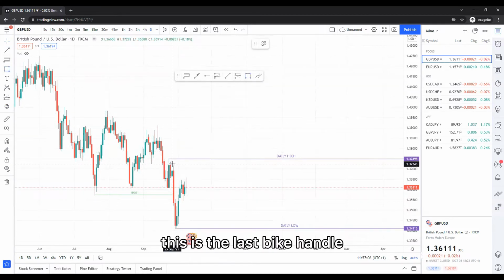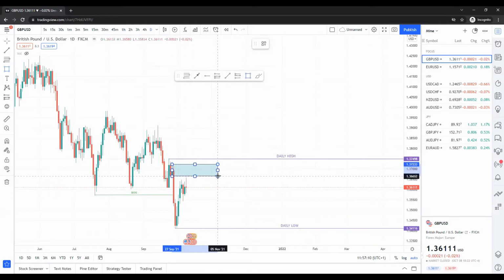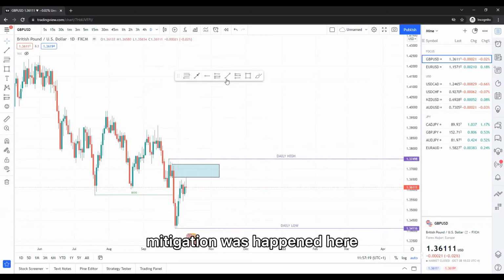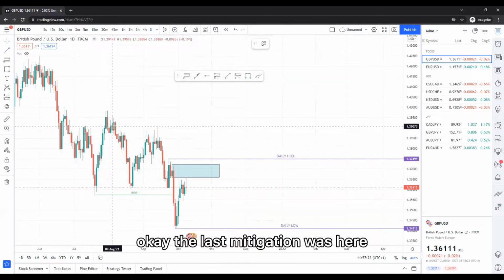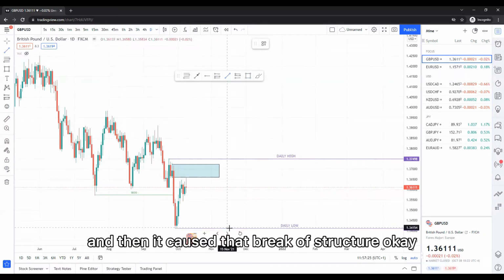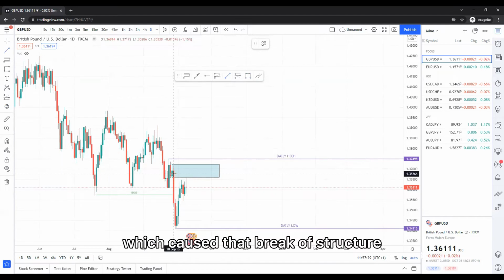This is the last buy candle before the big sell. If you mark the mitigation, the last mitigation happened here, and then it caused that break of structure. This is the order block which caused that break of structure.